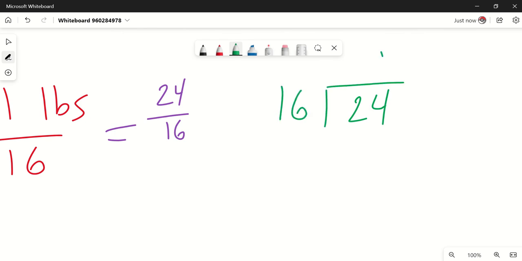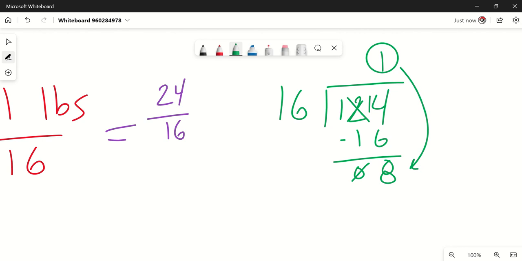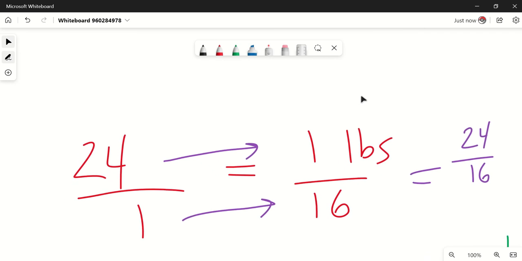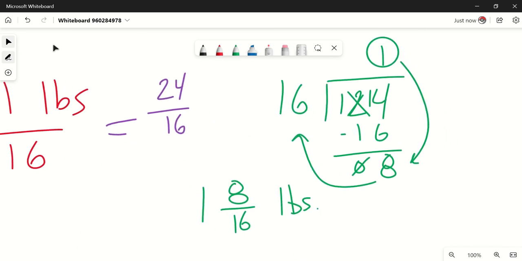16 will only go into 24 one time. When I subtract, I believe it's 8, but let's do this. 4 minus 6 cannot do. Borrow. 14 minus 6 will be 8, and 1 minus 1. So I will have 1 and 8/16 of a pound, because I tried to figure out how many pounds 24 ounces was.